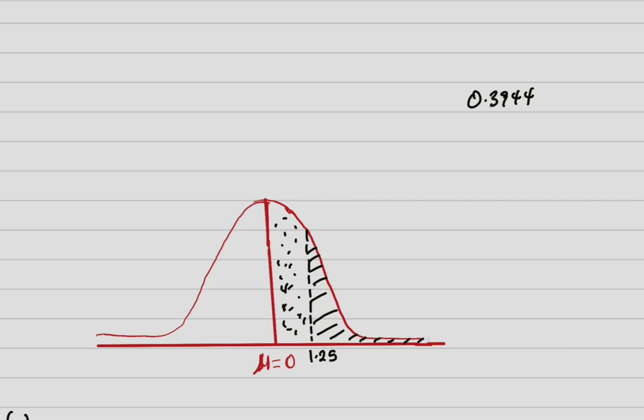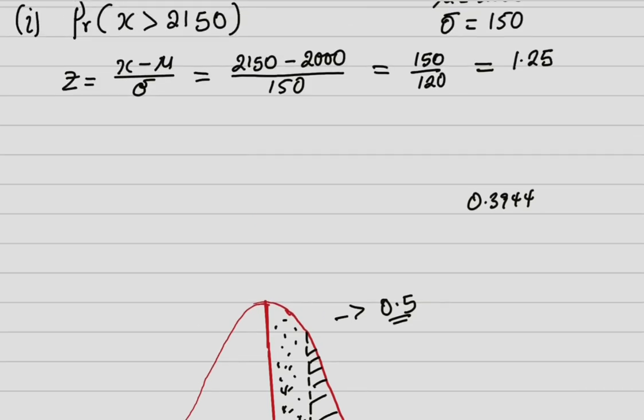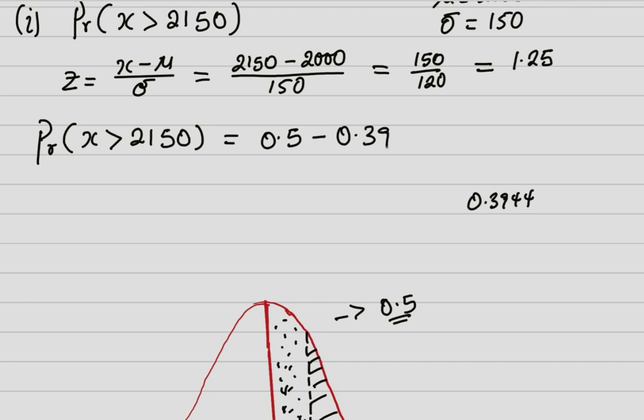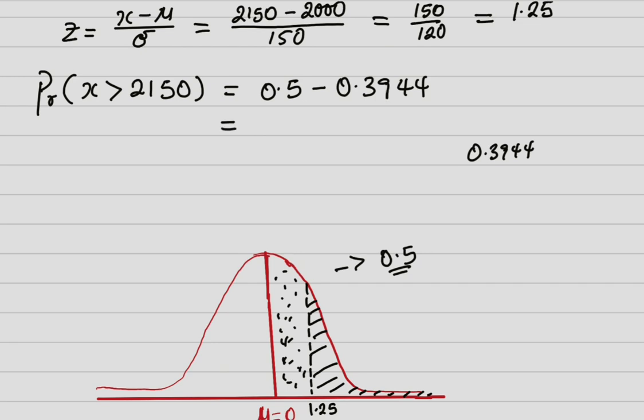That is our required region. And remember, I said from the beginning that this half has a total of 0.5. For us to get the probability for x greater than 2050, it will be 0.5 minus 0.3944, because that is the required region, and the final answer will be 0.1056.